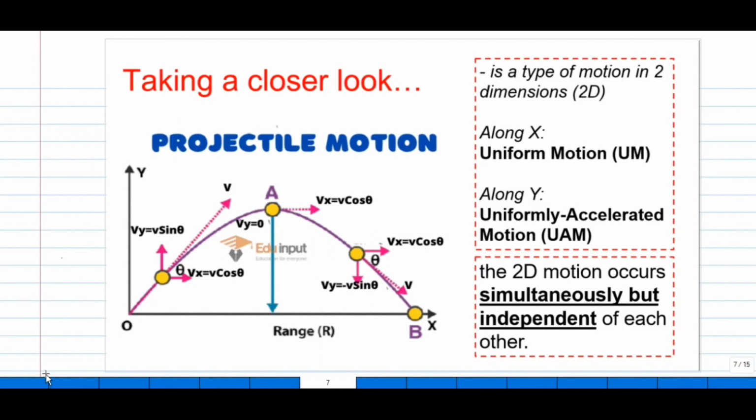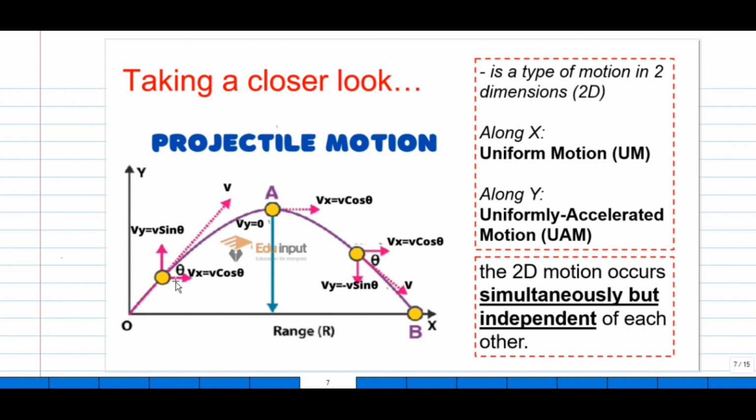So, one last thing. And I think this is one of the most important concepts that you have to remember about projectile motion. The two types of motion in two dimensions involved in projectile motion occur at the same time. They occur simultaneously, but they are independent of each other. What do we mean by that?